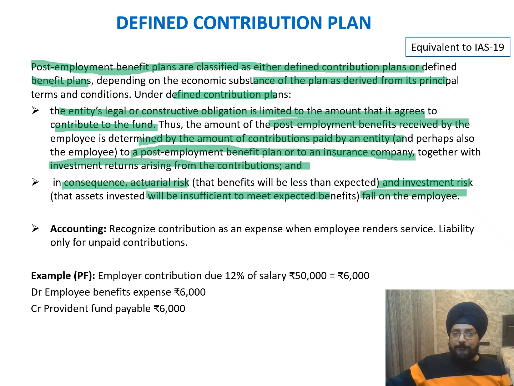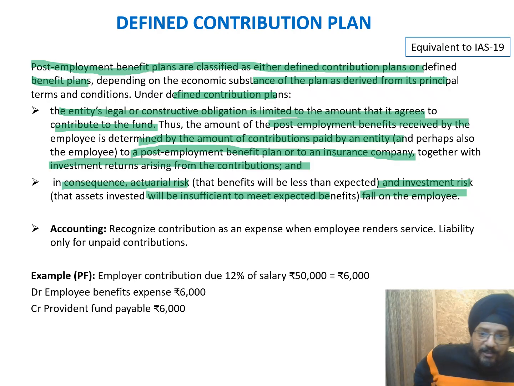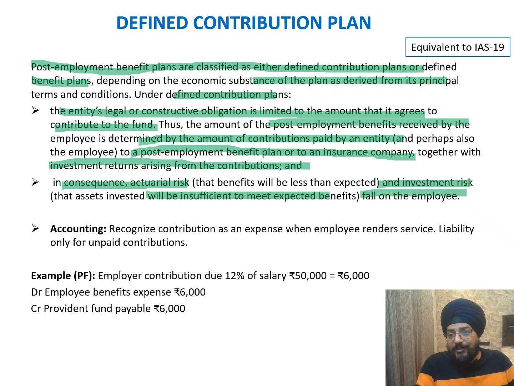So if there is some risk in terms of investment which was not done properly, specifically when talking about the PF trust, that falls on the employee. Any shortfall or any gain in the investments, if that is specific to the provident fund trust. But typically, it's a fixed amount that is contributed, and the employee also has to contribute a fixed amount, which is then deposited with the provident fund organization.